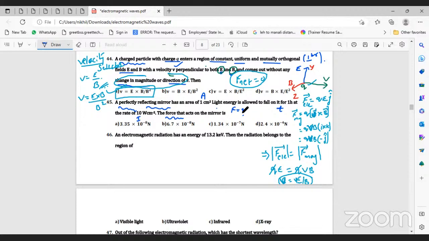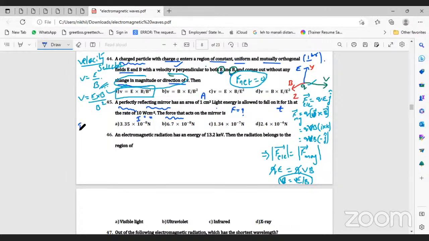Now, how to calculate the force? Intensity is nothing but watt per centimeter square.